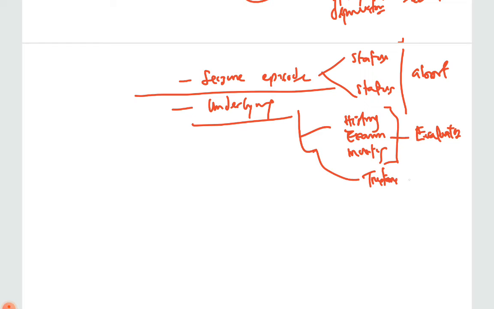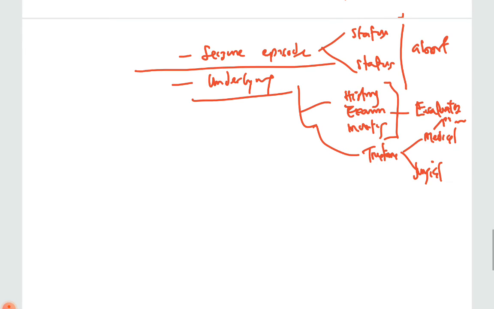And for this treatment, we go with the approach of medical treatment, and surgical if applicable. For the medical, we talk about the pharmacological and the non-pharmacological. So that will be the approach.